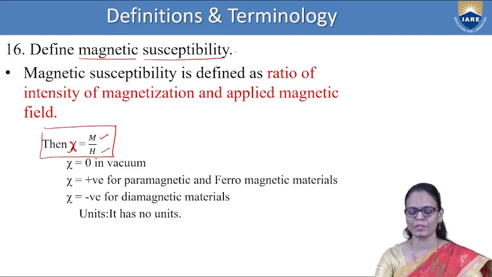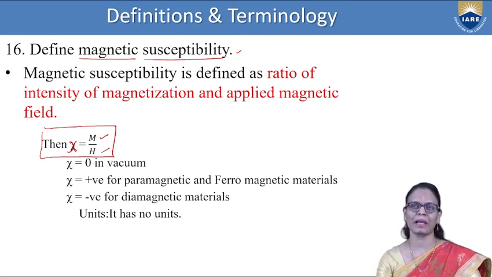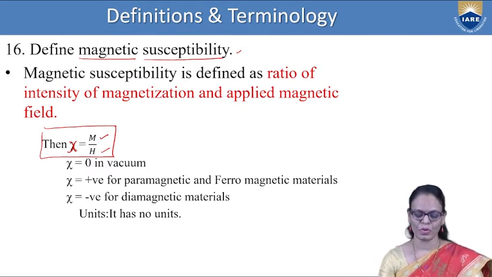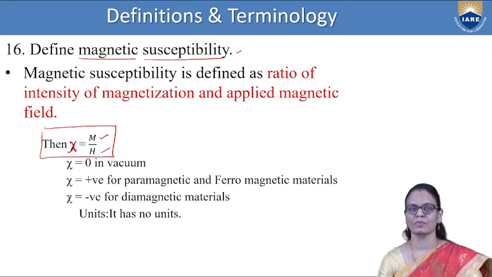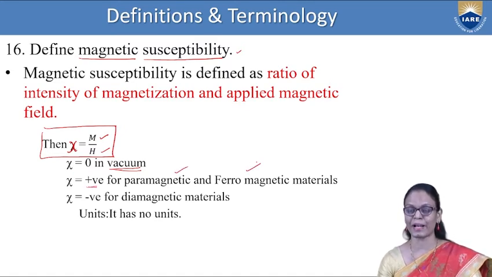When we say susceptible, if you are talking about a material, it is how easily it can be magnetized. So, susceptibility talks about how easily it can be magnetized. When chi is equal to 0, it is in vacuum. And chi is positive for paramagnetic and ferromagnetic materials, because these materials can be magnetized easily.